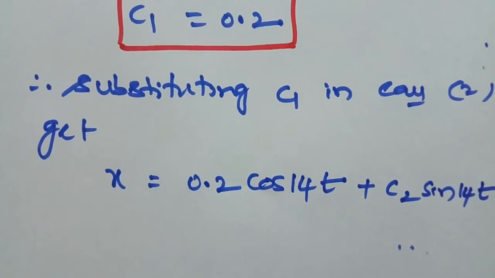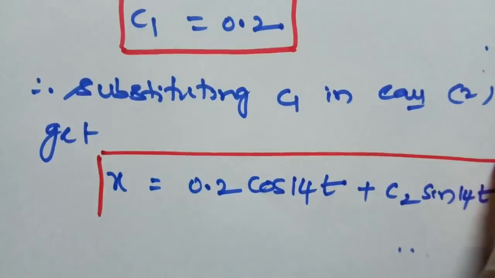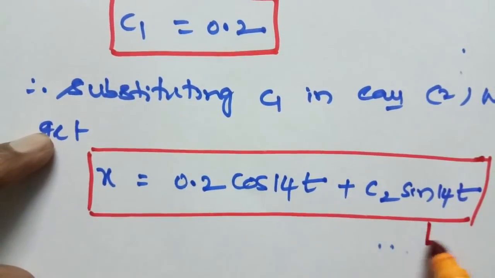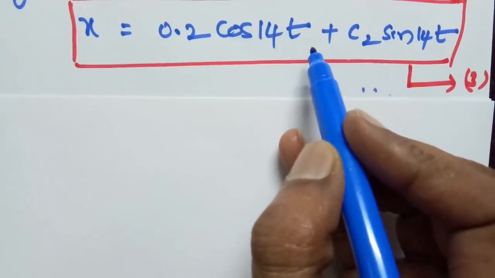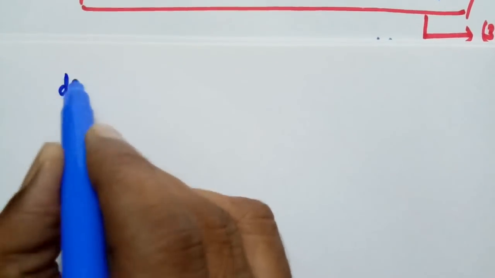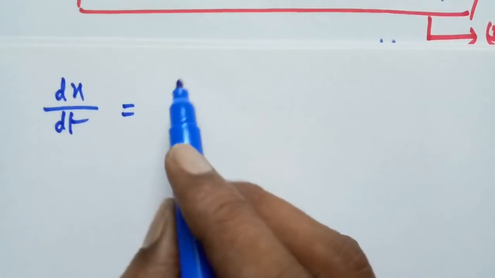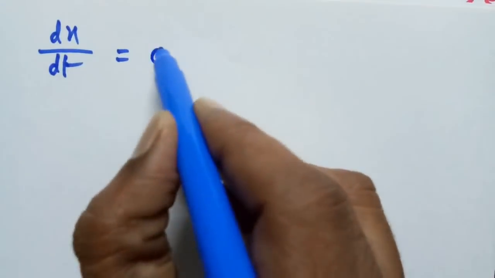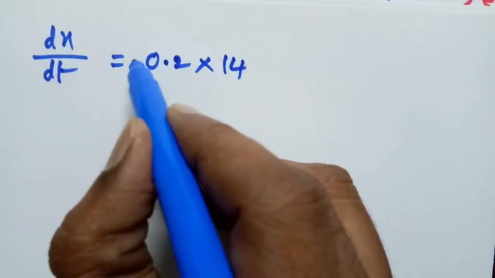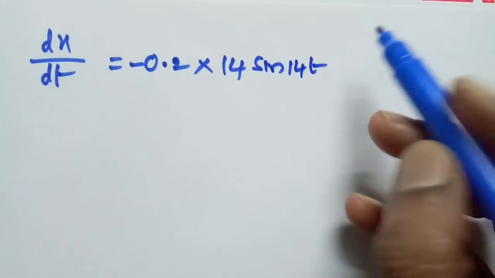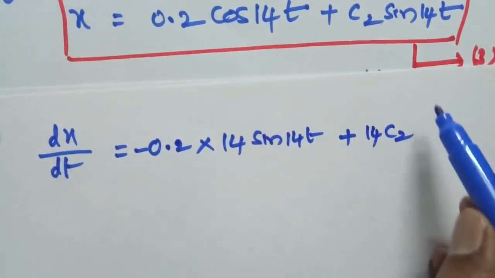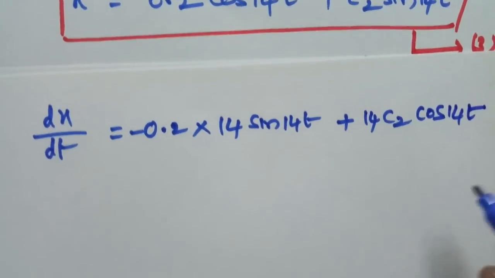Say this is equation number 3. Therefore, dx by dt is equal to, differentiating with respect to t, 0.2 into cos derivative is 14 minus sin 14t, plus c2 into sin derivative is cos into 14t derivative is 14 cos 14t.